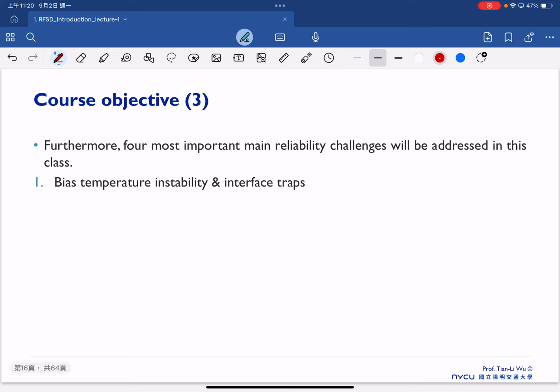Okay, so as I said, we will start to talk about some important reliability issues. In this class, we will cover the 4 most important ones. These 4 are actually already enough. Some people work on just one of them for their whole life, like my previous professor when I was at IMEC.